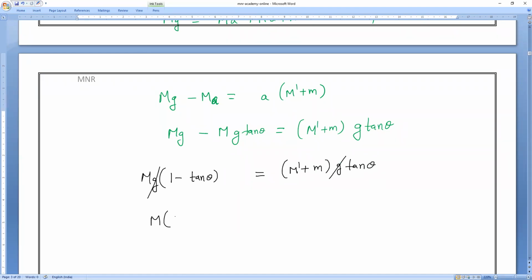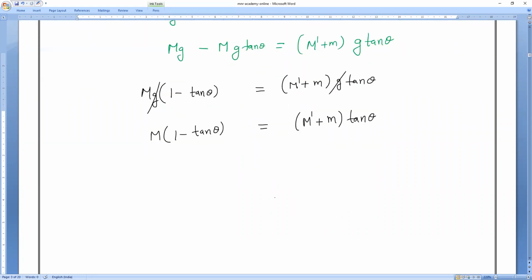So capital M into (1 minus tan theta) is equal to (capital M dash plus small m) into tan theta. Am I right or wrong? Will you all agree with me?